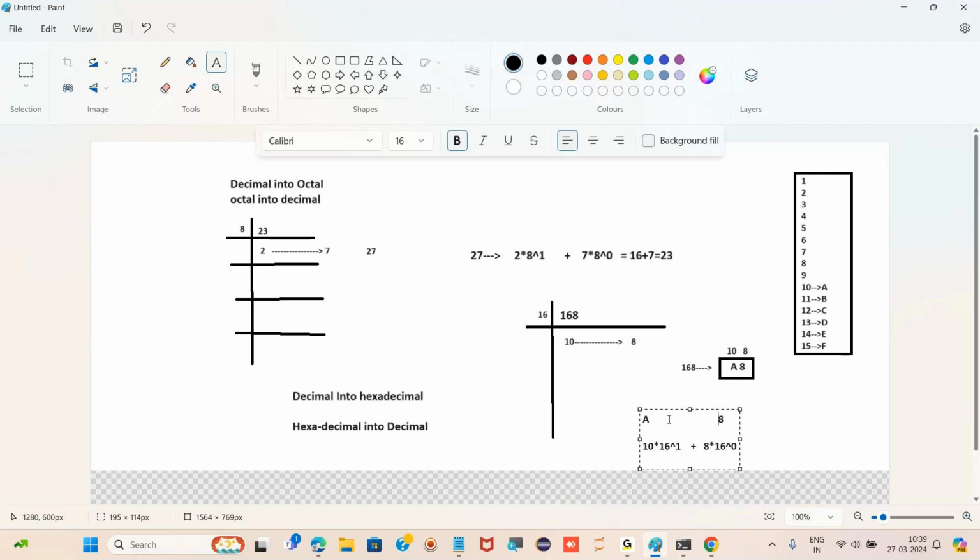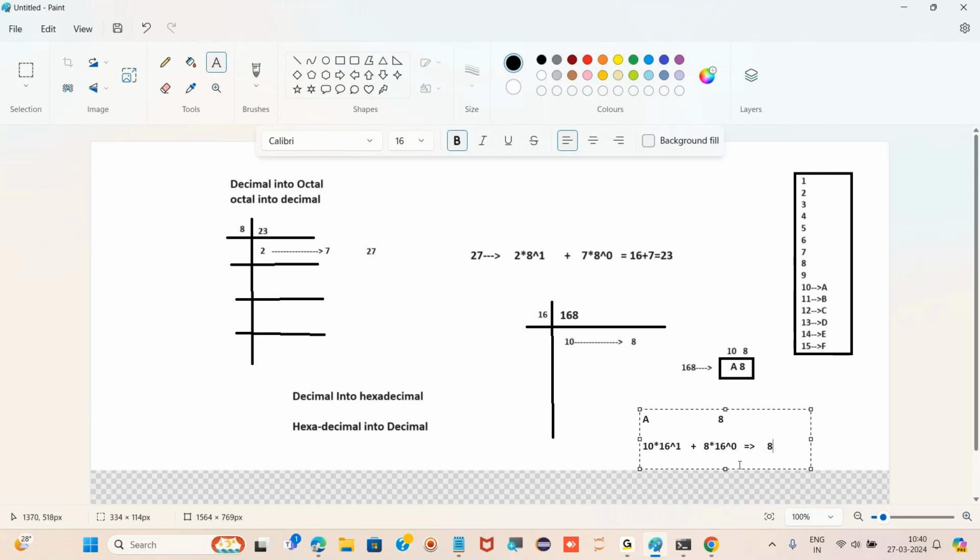For A it is 10 multiply with 16 power of 1, plus for 8 it is 8 multiply with 16 power of 0, right? When we calculate this, 16 power of 0 will return 1 only. 8 multiply with 1 is nothing but 8 only.